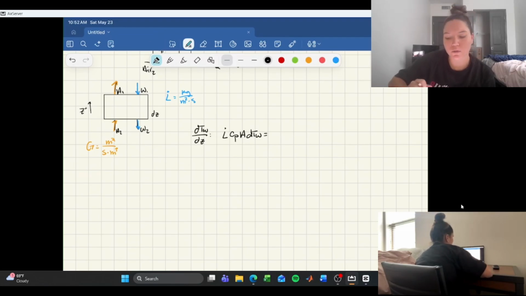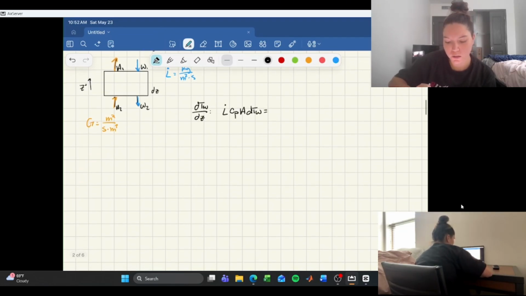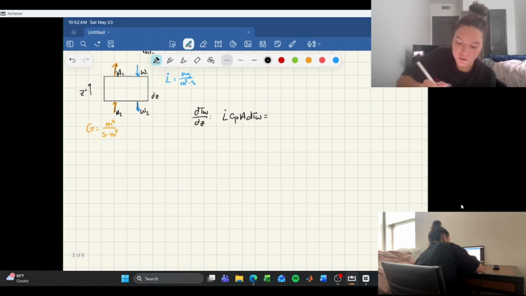This is going to be equal to, first, the heat transfer. So this is going to be the packing times the area, which is like the volume, times the temperature of the water minus the temperature of the air, times the change in position.